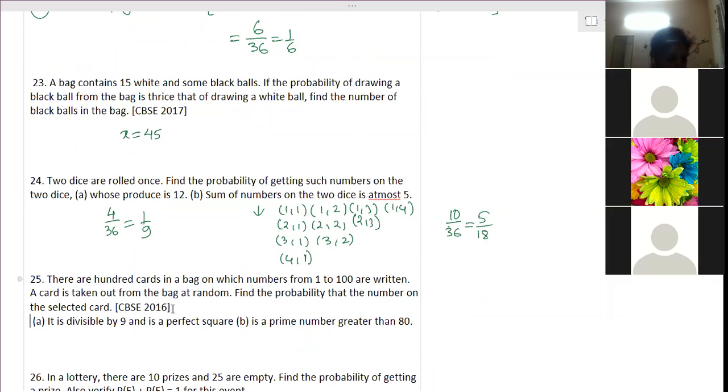What all numbers are there? 36 and 81, right? And 9 also, yes, right? 9, 36, 81. So there will be 3. So 3 out of 100.